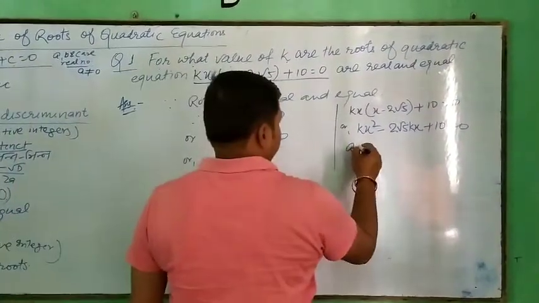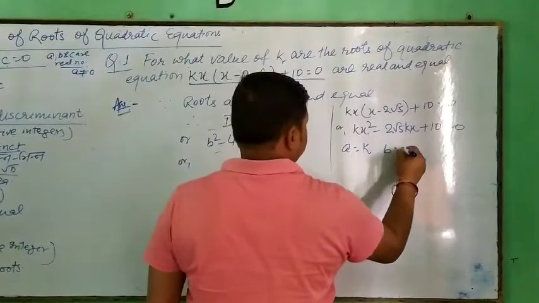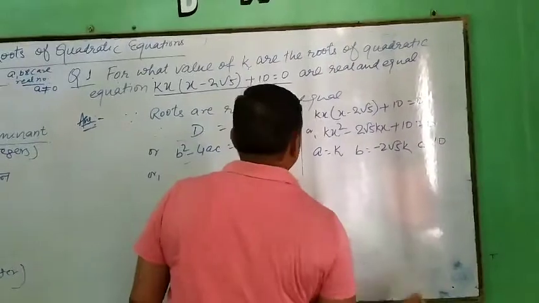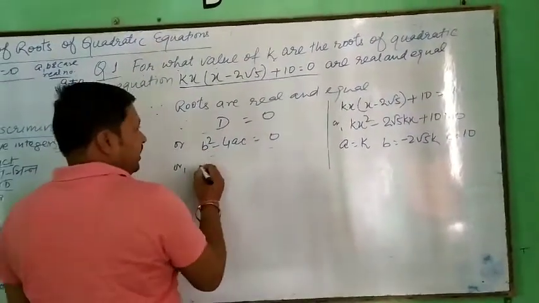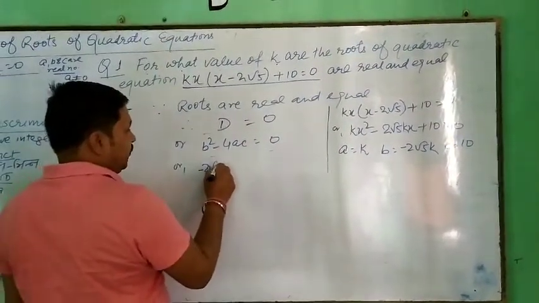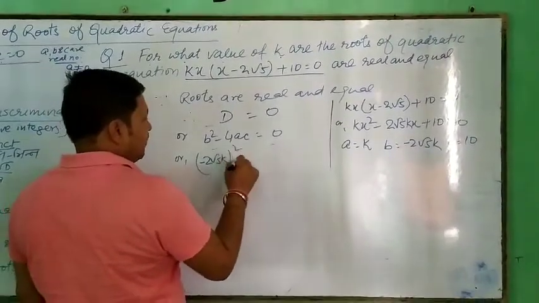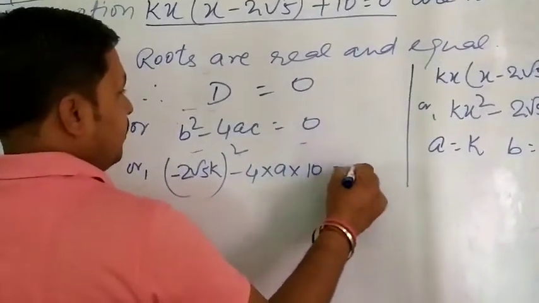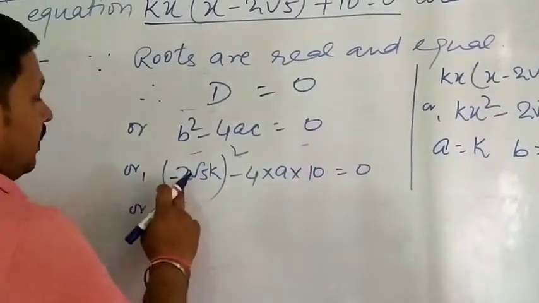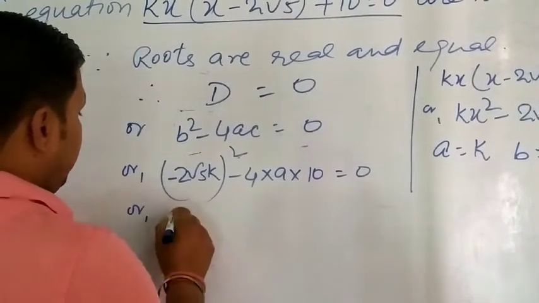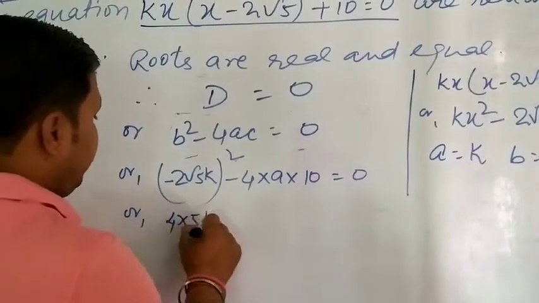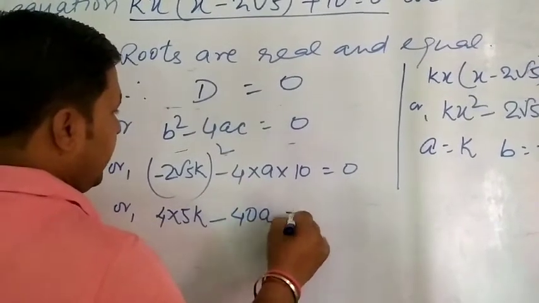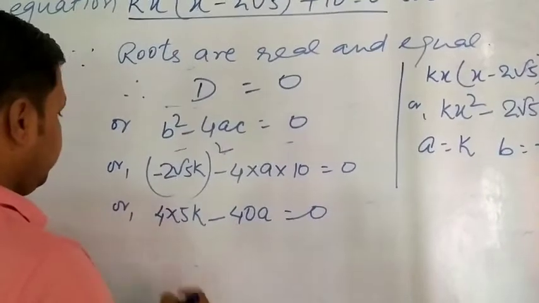So a equal to k, b equal to minus 2 root 5 k, and c equal to 10. Then b, that means minus 2 root 5 k the whole square, minus 4 into a into 10 equal to 0.